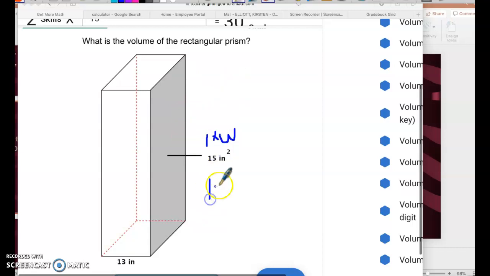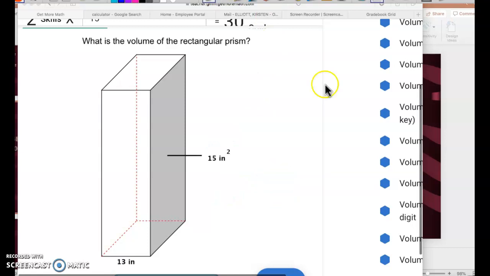So if I already have length times width, I just need to multiply the last unit, which is 15 times 13. I end up not having to multiply anything else. They've already basically multiplied the first two for me.